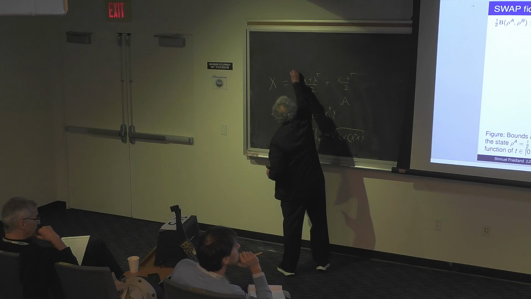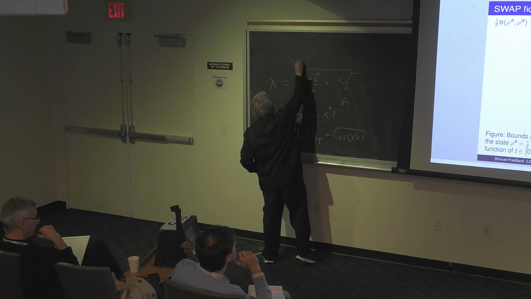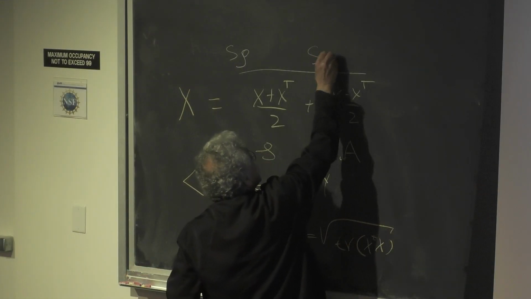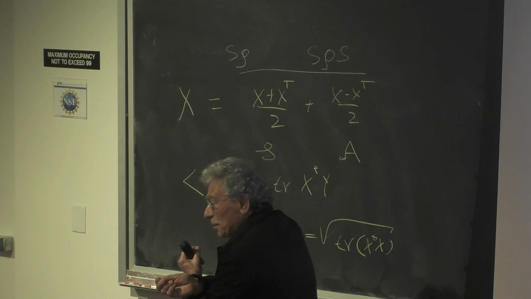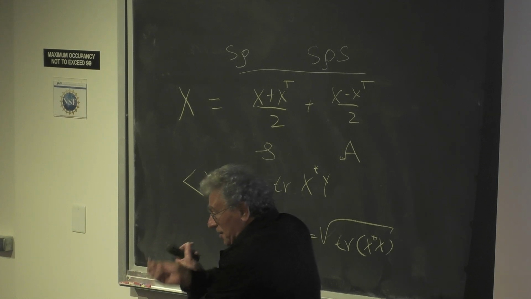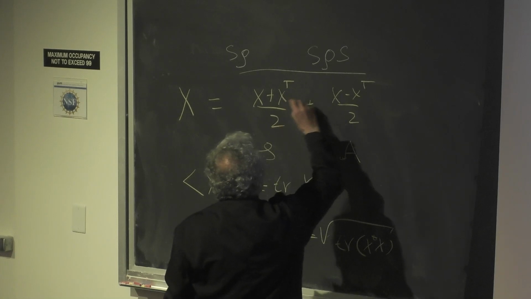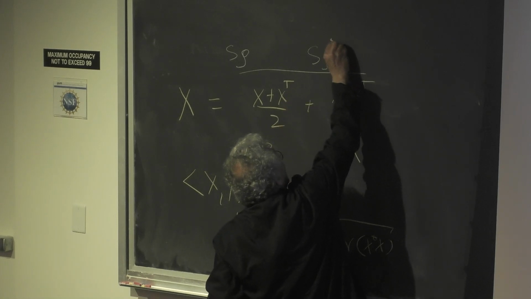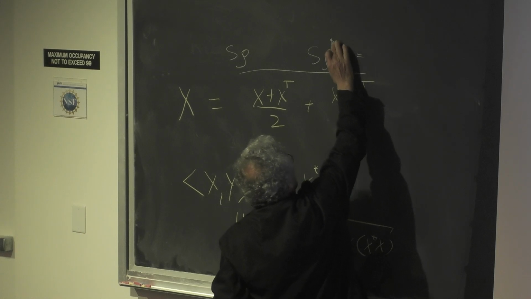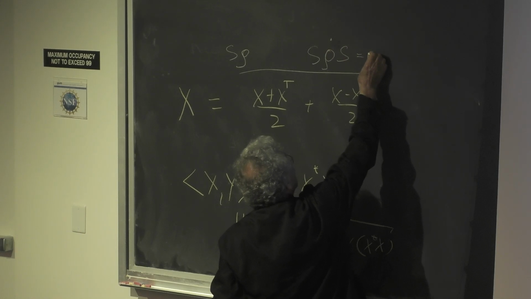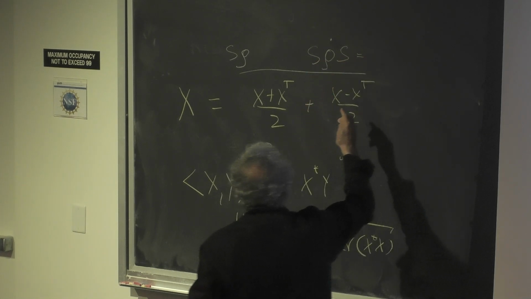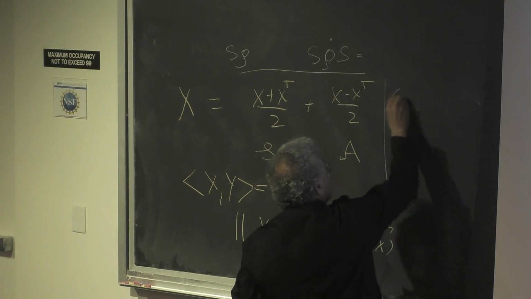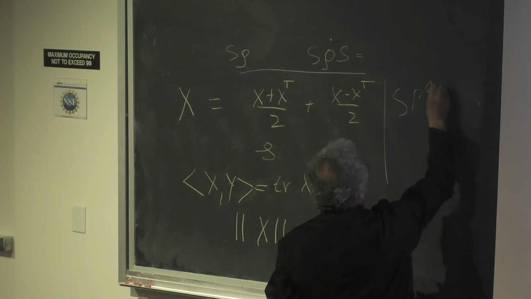Let me answer this question. You have S rho, and you take the trace of that. And if you take S rho S, then essentially you just exchange this one with that.